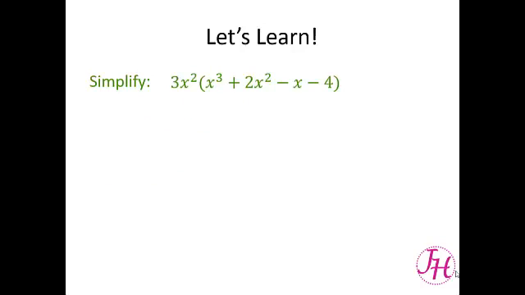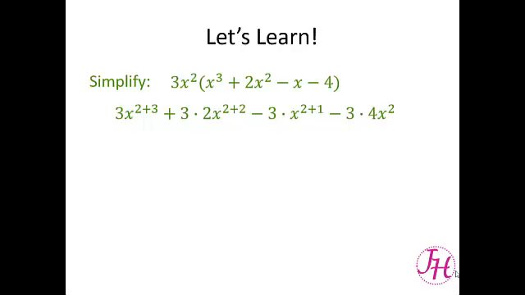Now let's try distributing 3x squared to the quantity of x cubed plus 2x squared minus x minus 4. So when we distribute that, we multiply coefficients, and then the exponents we are adding because we have the same base for each of the exponents.